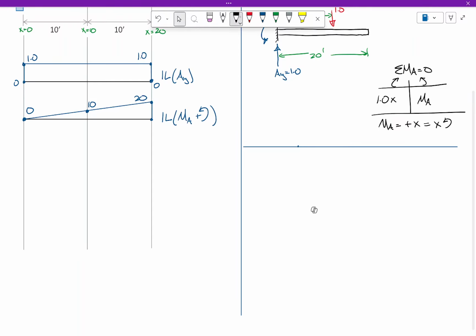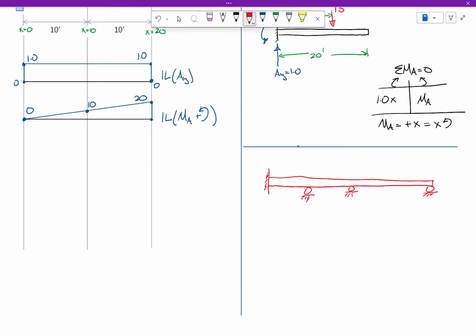Let's get silly. All right, so let's assume that I've got a really out there structure. Okay? Now, we're going to make this determinate, by the way. So I'm going to put like a roller here, a roller here. I'm going to put a roller here.